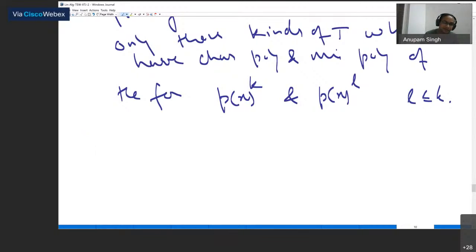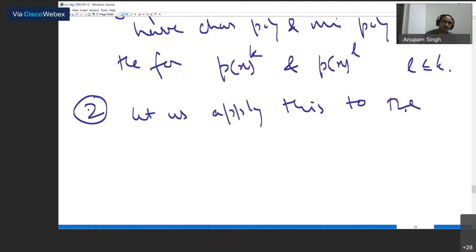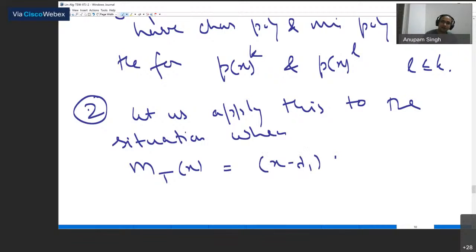Second application is as follows. Let us apply this to the situation when the minimal polynomial of T is of the form (x minus lambda 1)(x minus lambda 2) and so on up to (x minus lambda r).